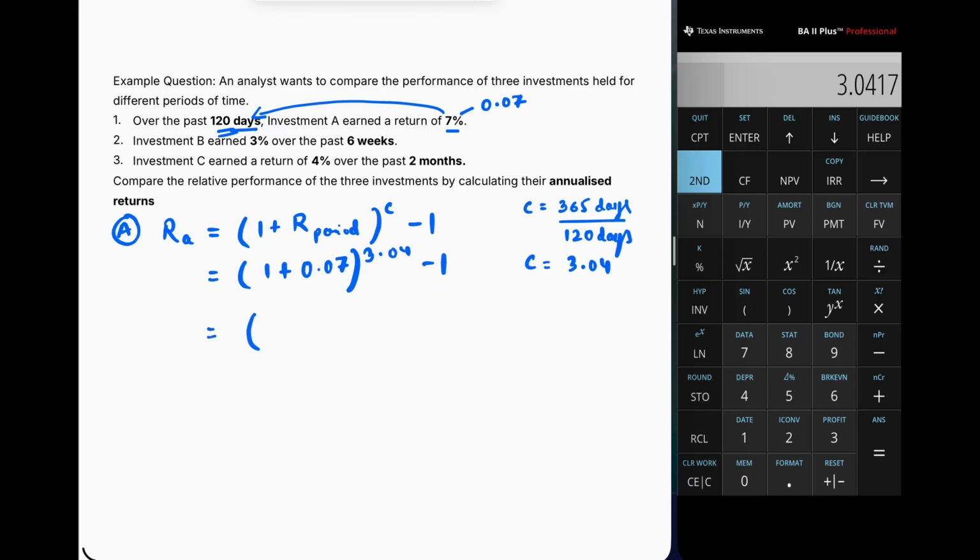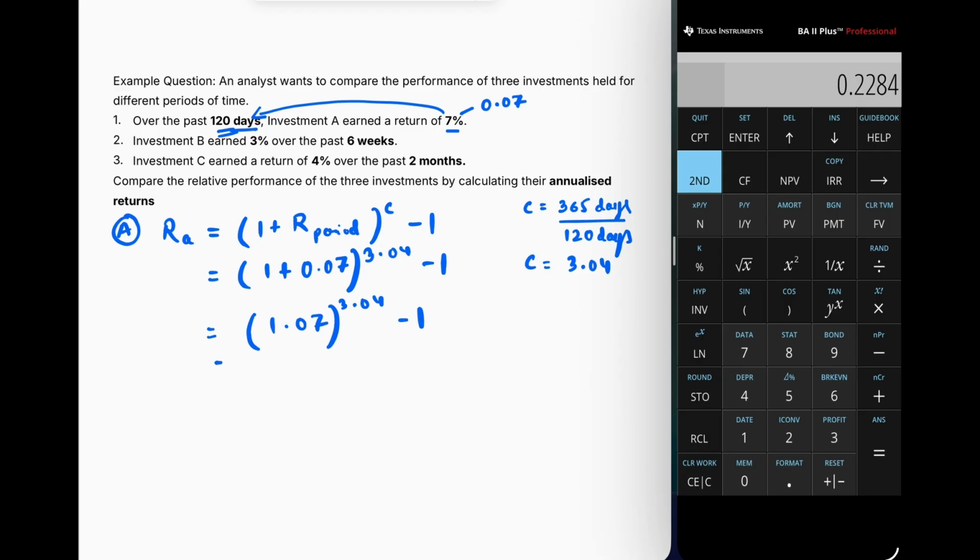So I just write 3.04, minus 1. It would be 1.07 to the power 3.04, minus 1. So let me do the calculation. 1.07 to the power, you have to tap y to the power x, then write 3.04, equals 1.2284, minus 1.